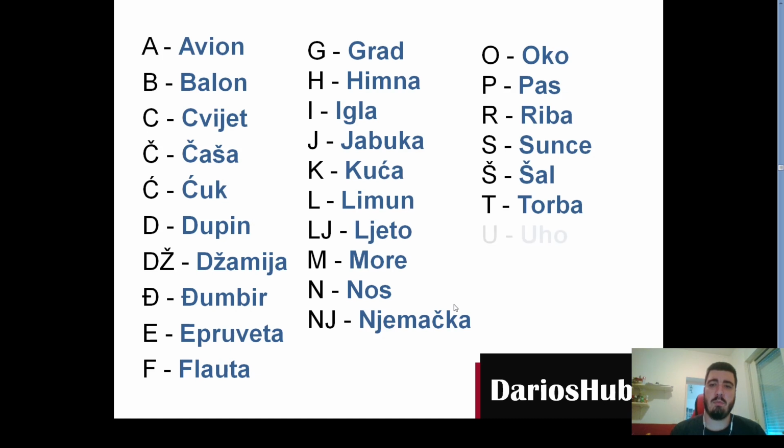T, torba. U, uho. V, vlak. Z, zima. Ž, žaba. The letter Ž is a very common sound in French, for example. So who speaks French will have no trouble pronouncing Ž in Croatian.